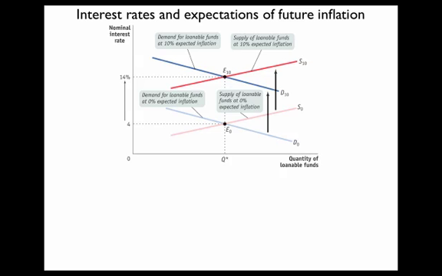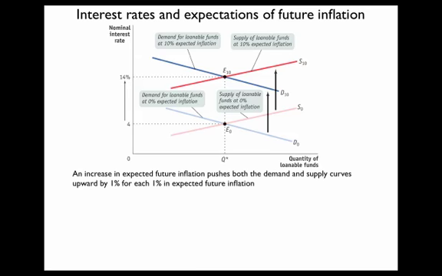Here is a graph that shows nominal and real interest. The principle that's being communicated in this graph is that an increase in expected future inflation, so in this case, if we're expecting 10% inflation, pushes both the demand and supply curves upward by 1% for each 1% in expected future inflation.